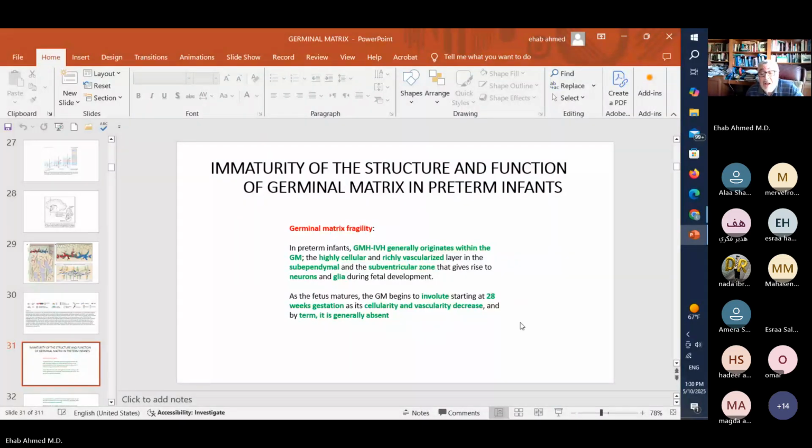Okay, and then, as we said, at the age of 28 weeks, it starts to involute, and by 36 weeks the involution process is complete. So babies born at 28 weeks are different from babies born before 36 weeks, and different from babies born at 23 to 26 weeks.